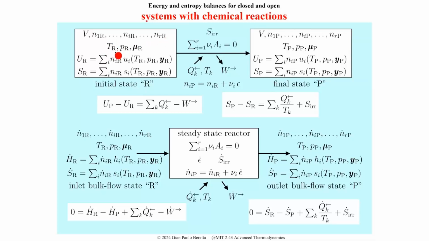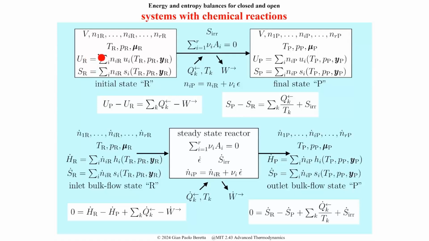It has some temperature, some pressure, because the piston has compressed that mixture. Of course, since we are in a stable equilibrium state, it also has chemical potentials. And if we want to compute the energy and the entropy, because they will enter in the energy and entropy balances, we know how to do it because we've dealt with mixtures for a long time now.